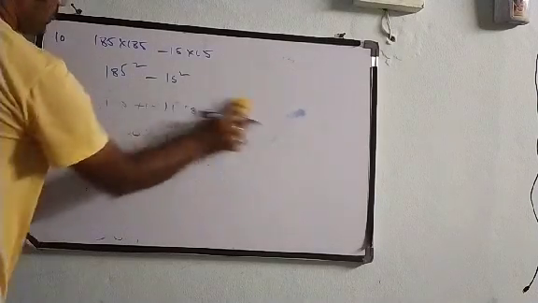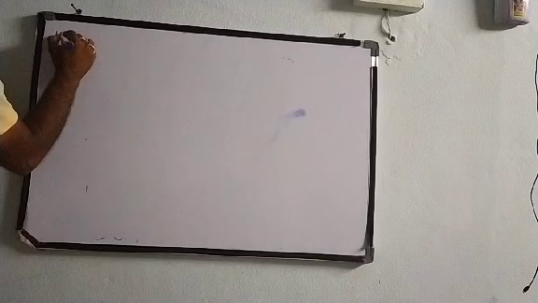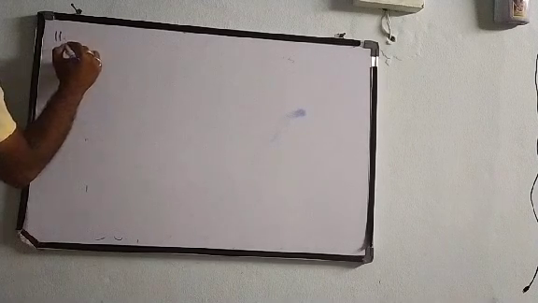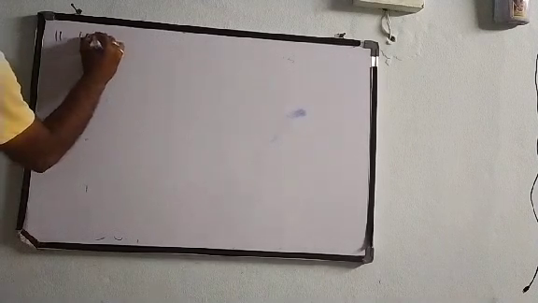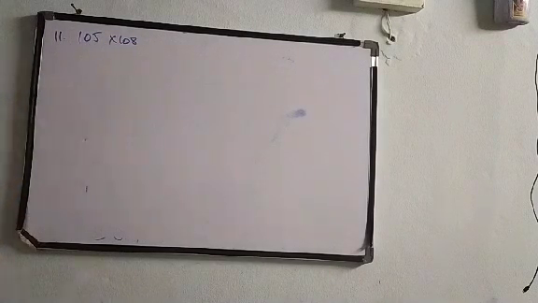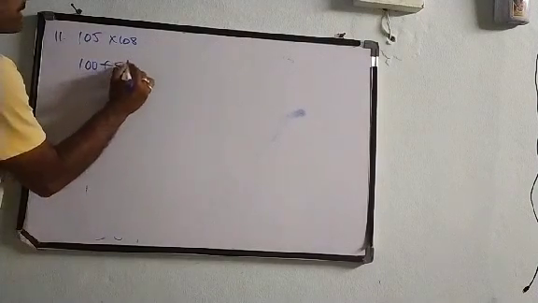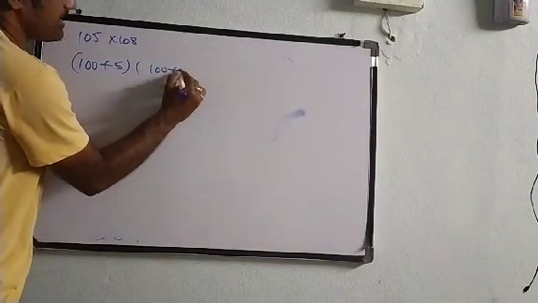So next, the 11th question. Evaluate 105 into 108 without multiplying directly. So without multiplying directly, we have to evaluate this. We can write this as 100 plus 5 into 100 plus 8.